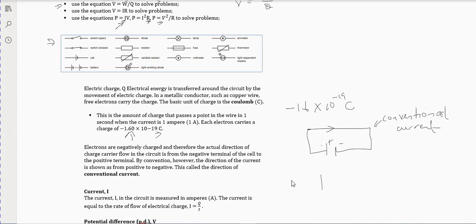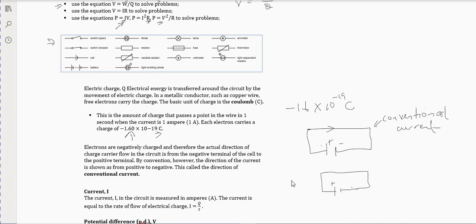What's the case is that we have a circuit here with a battery. This is the positive terminal. This is the negative terminal. The reality is that the current, because the electrons are the charge carriers, they are the ones that basically allow the current to flow.